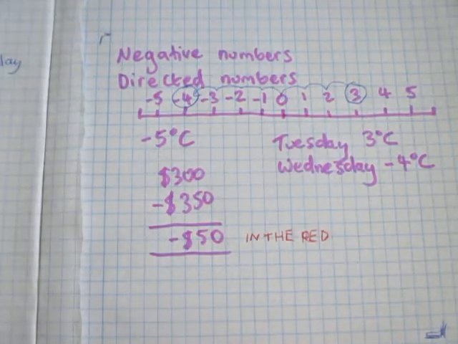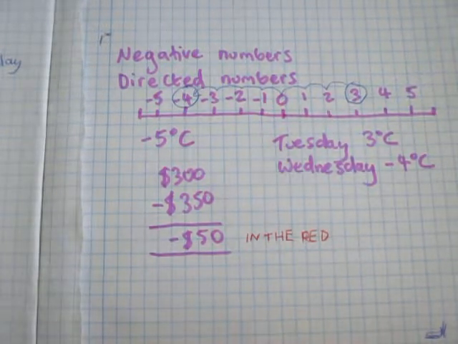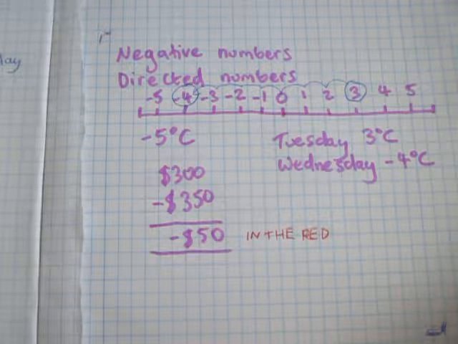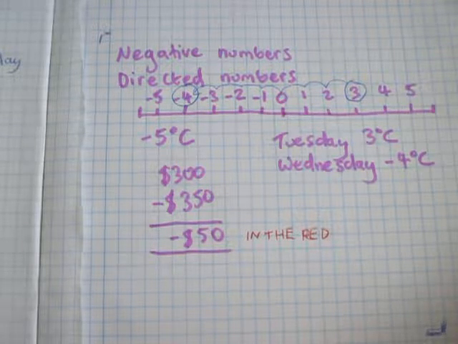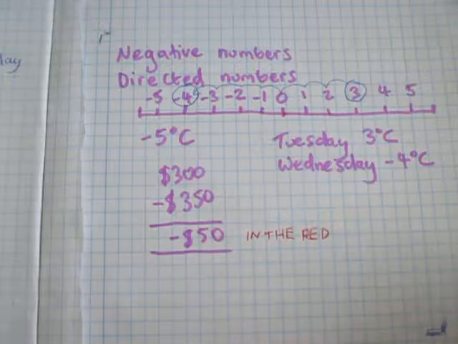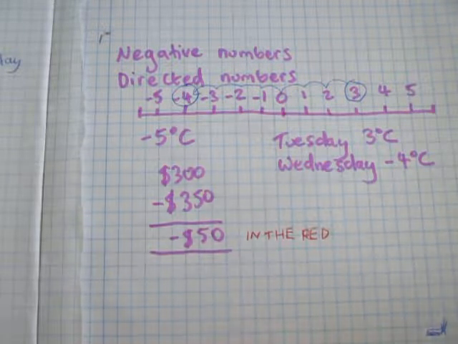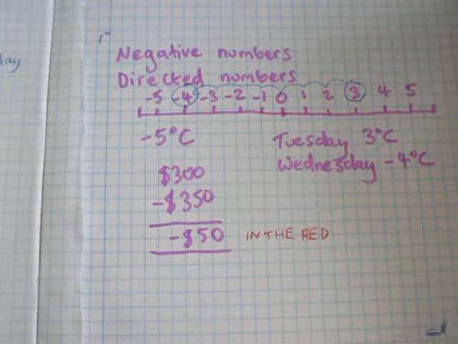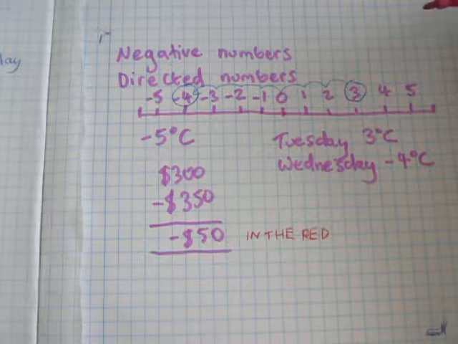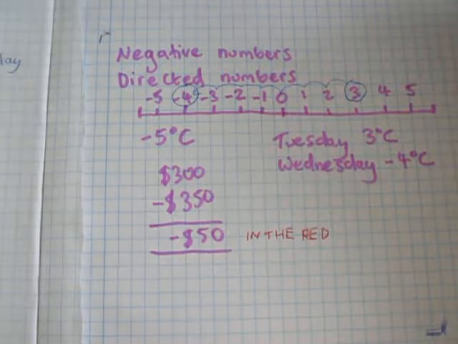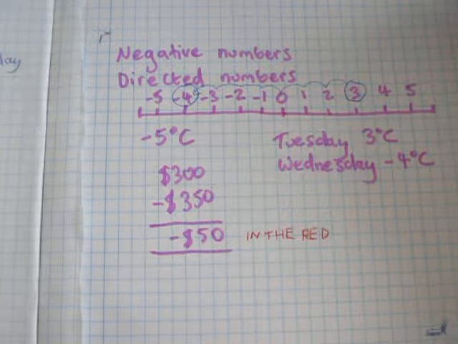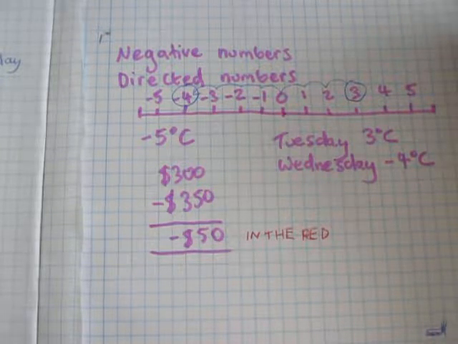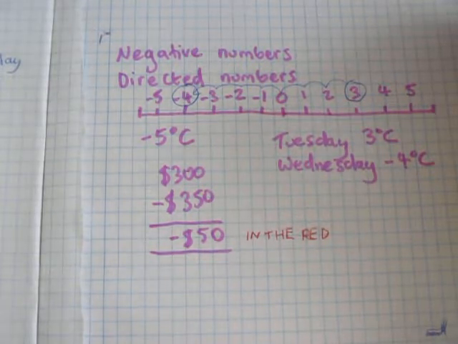So let's try doing some questions, some directed numbers questions. If you're going to add two directed numbers with the same sign, so two directed numbers with a negative or two directed numbers with a positive, you just add up the numbers as you normally would, and you give your answer the same sign.